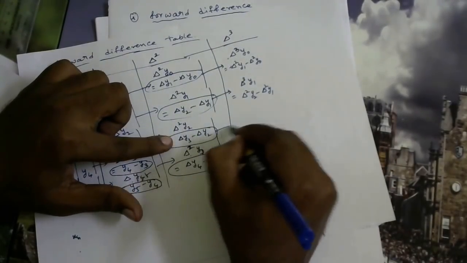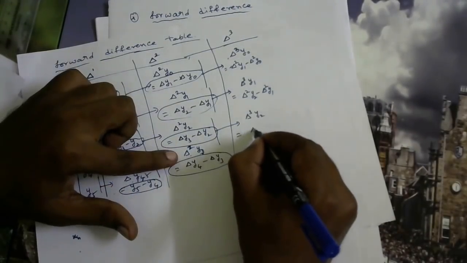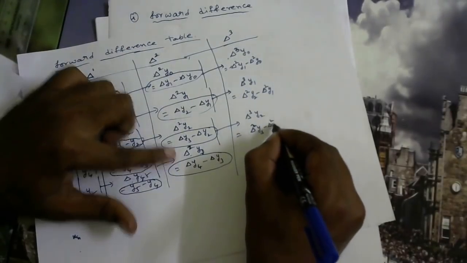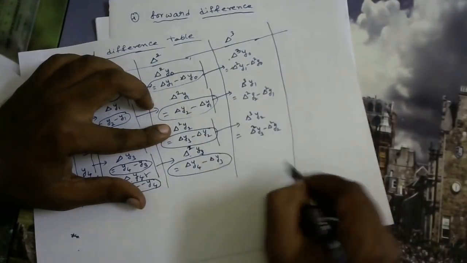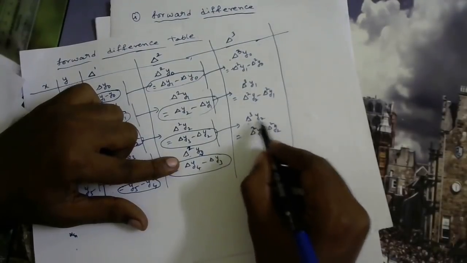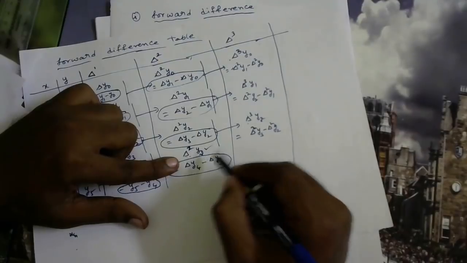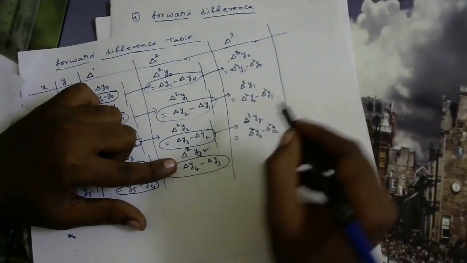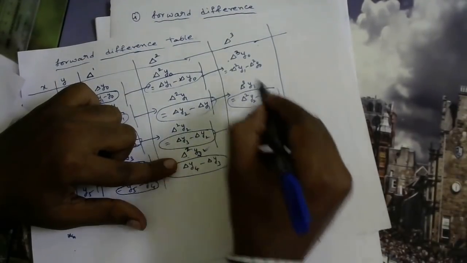Delta cube y2 equals delta square y3 minus delta square y2. Look here, delta square y suffix 3 is there, but here delta cube y suffix 2, so this term is eliminated. Here also I am neglecting these two terms.